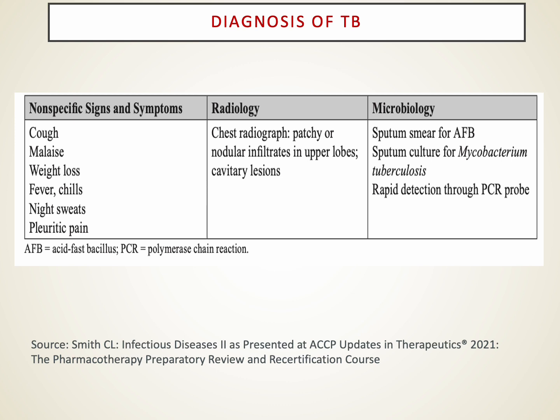And so what is critical, more so probably in TB than almost any other infectious disease, is to get a sputum smear and look for acid-fast bacilli in that sputum smear.